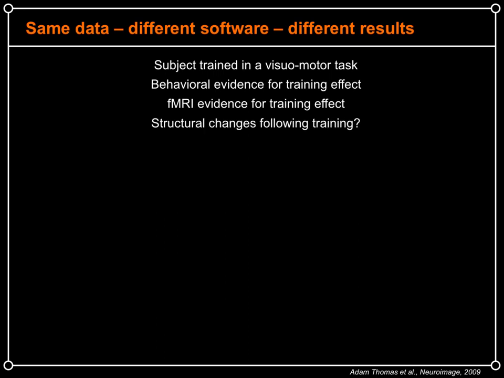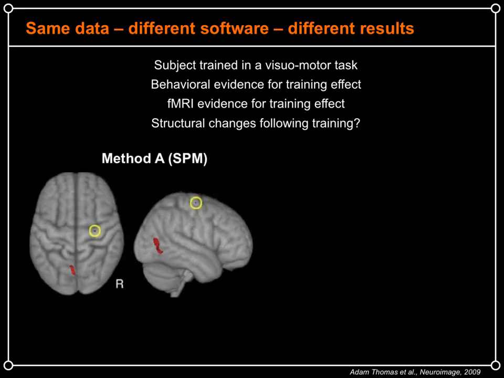The other interesting study that I found was from Adam Thomas, where he trained a group of people to become experts in a visual motor task, and he found clear behavioral evidence that they were indeed doing really well in this task. He also did functional MRI and found that there were changes in BOLD signal that were correlated with the change in behavior.